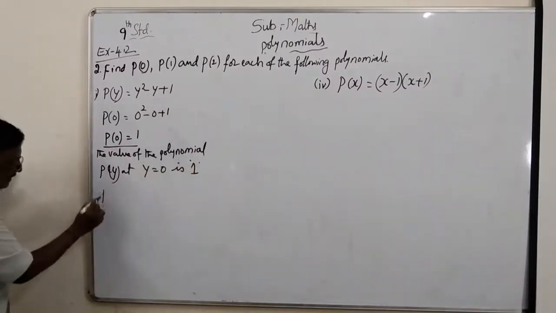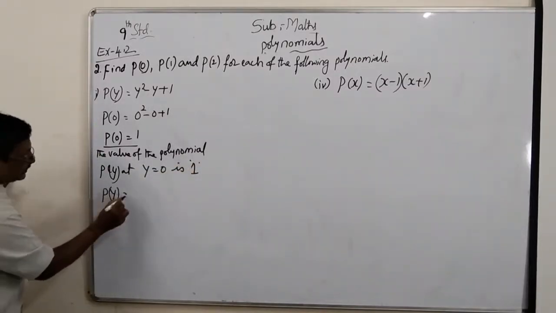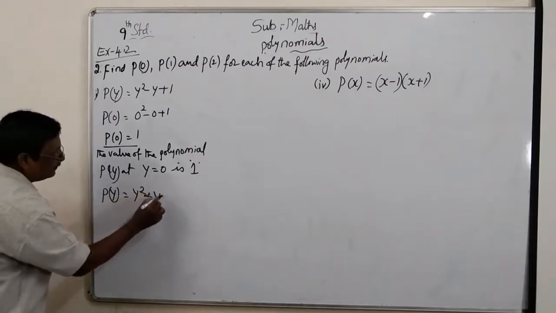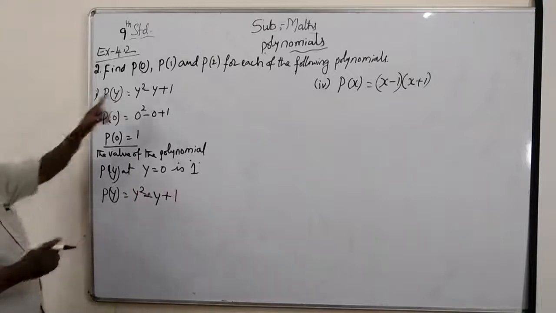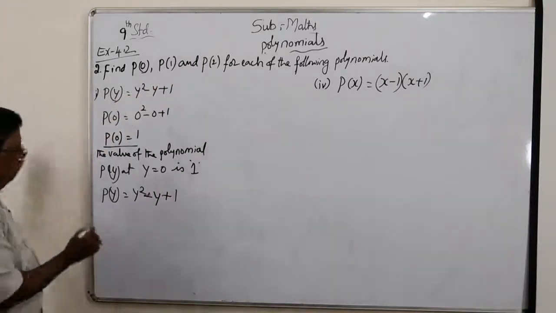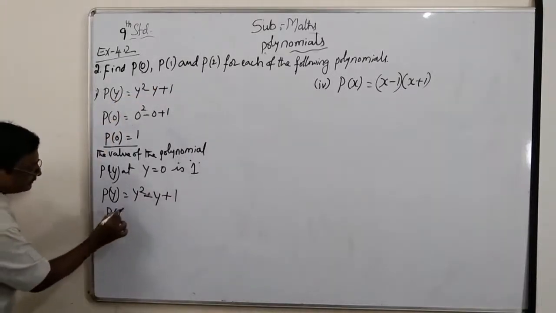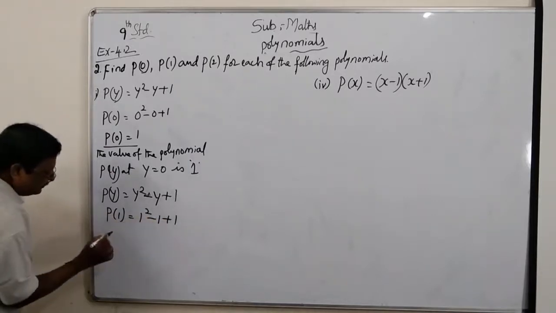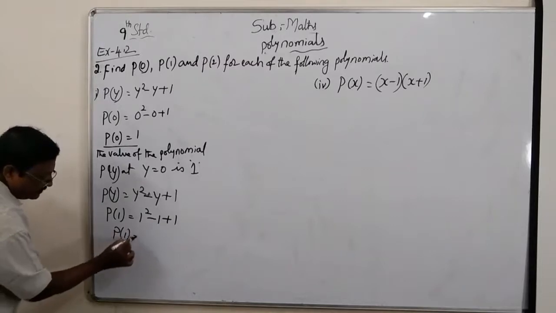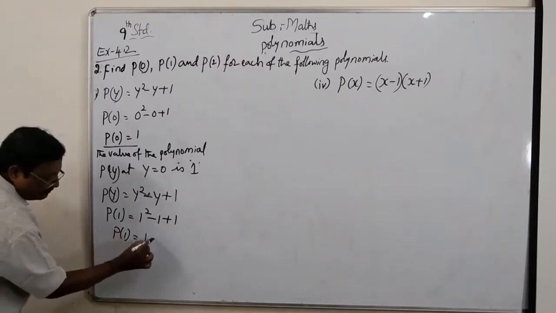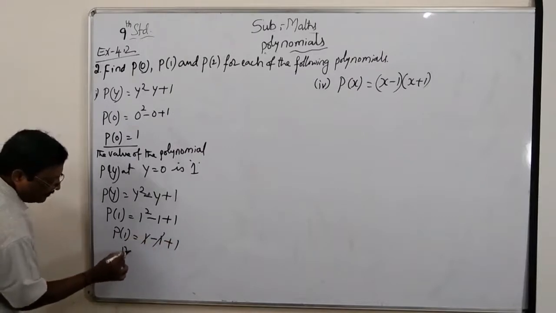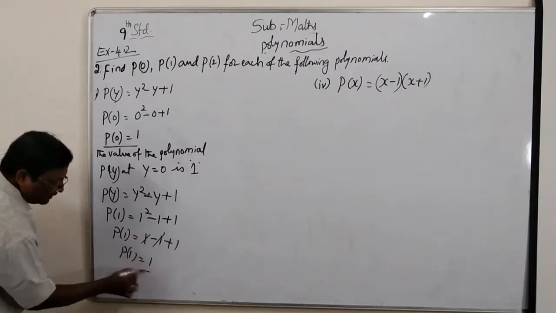Second one, p of y is equal to y square minus y plus 1. P of 1 is equal to 1 square minus 1 plus 1. P of 1 is equal to, the 1 square is nothing but 1, minus 1 plus 1. Here plus 1 and minus 1 cancel. P of 1 is equal to, this is also plus 1.